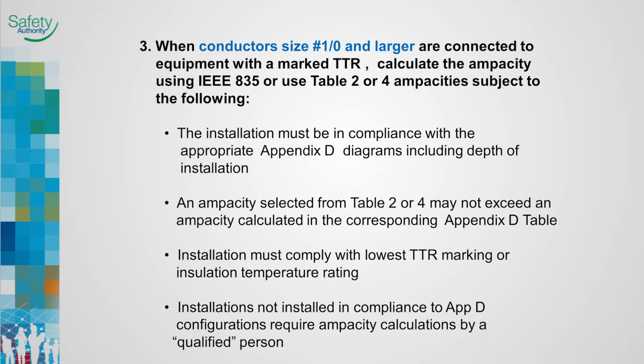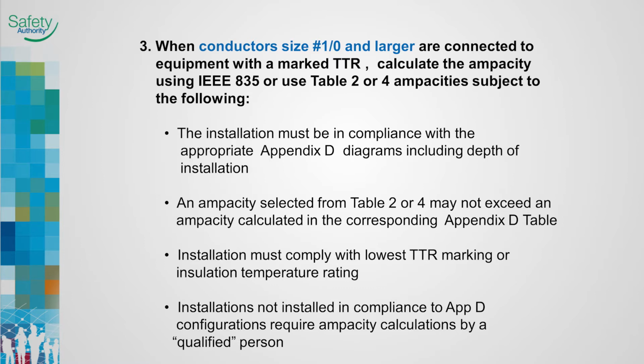To supply an alternative to providing IEEE 835 calculations each time an underground installation 1/0 or larger is installed, the method described in point 3 above may be used, subject to the acceptance of the authority having jurisdiction. The installation must comply with the diagrams in Appendix D. Table 53 cannot be used as the minimum burial depth, as Table 53 does not address conductor ampacities.